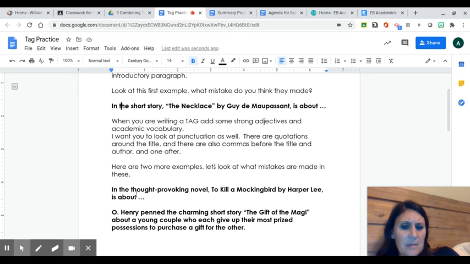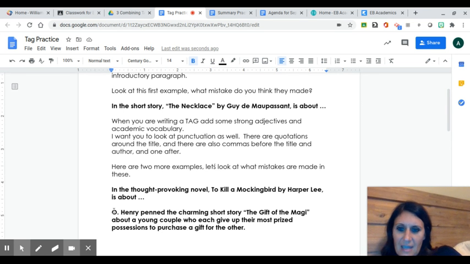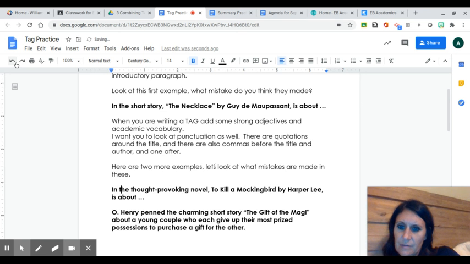So, I noticed the academic vocabulary immediately. In the thought provoking novel, To Kill a Mockingbird by Harper Lee is about. Thought provoking novel, I think, is a very good adjective to describe that. High academic vocabulary there. They made the same mistake as the first one. They simply need to take out the "in" before the thought provoking novel. Tell you what I'm going to do.